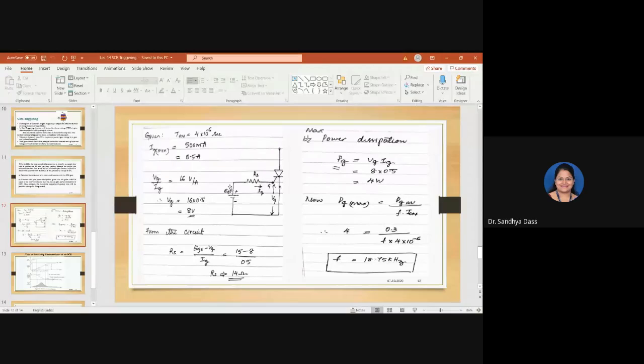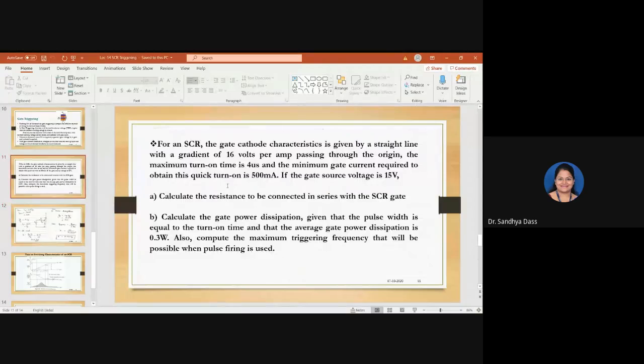According to the question, for an SCR, the gate cathode characteristic is given by a straight line with a gradient of 16 volts per ampere, passing through the origin. The maximum turn on time is given as 4 microseconds. And the minimum gate current required to obtain this quick turn on is 500 milliamps.